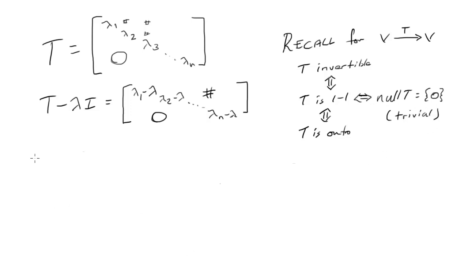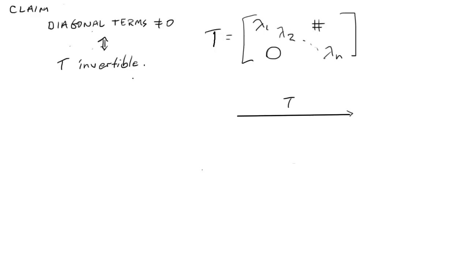Alright, so now with these basic facts in our head, let's look at the claim. My claim is that if the diagonal terms are non-zero, that characterizes invertibility. When we're saying it has an upper triangular matrix with respect to some basis, what we mean is this commutative diagram.